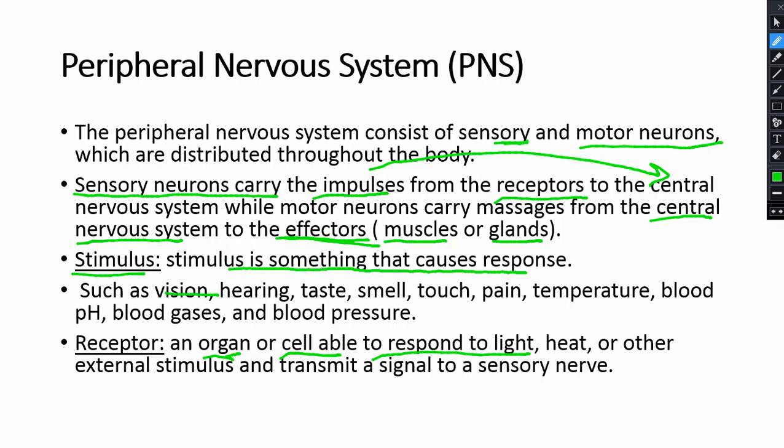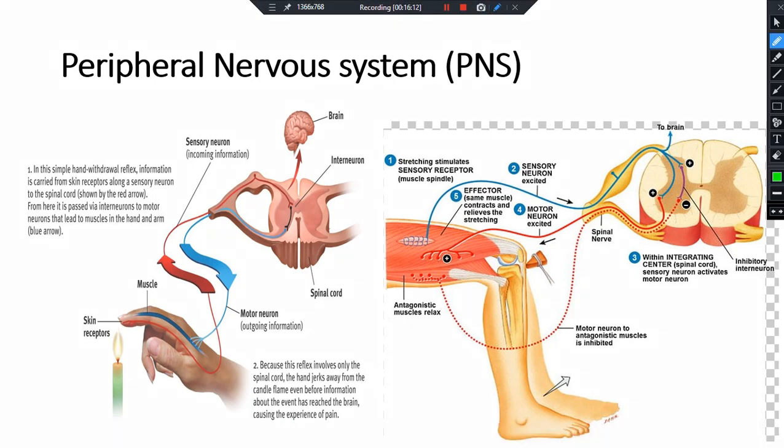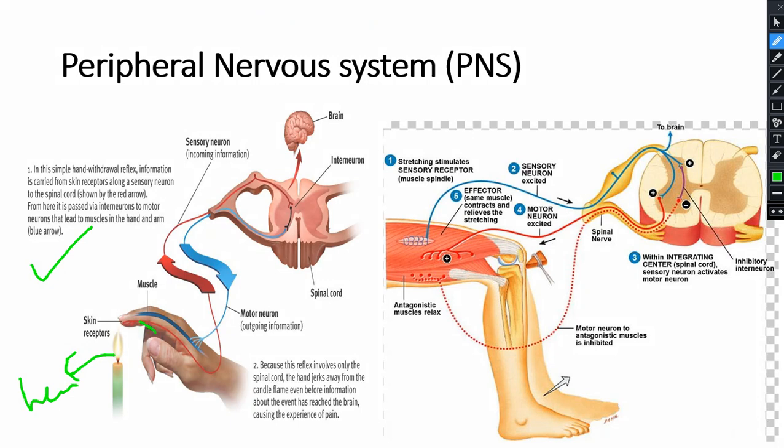Now moving forward, here is an example of the sensory and motor neuron. First we will look at this example. Here the person's finger is near the heat. So the receptor at the tip of this person's finger receives this heat, and it produces a nerve impulse.